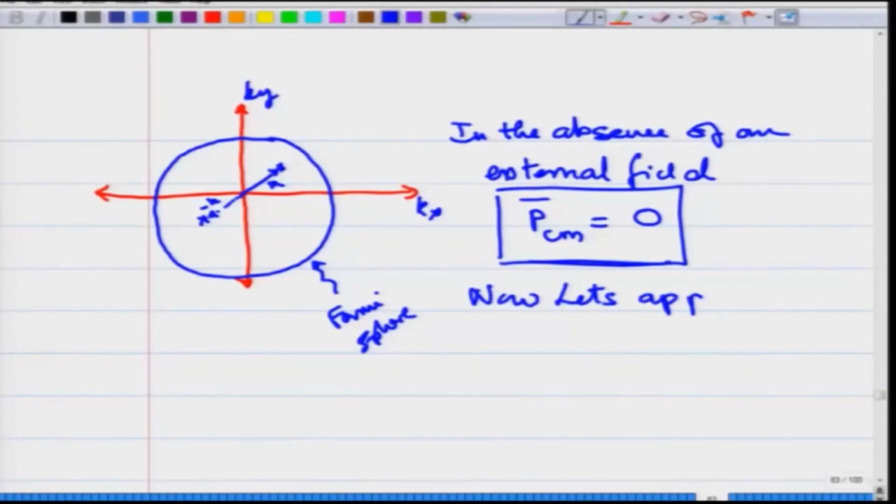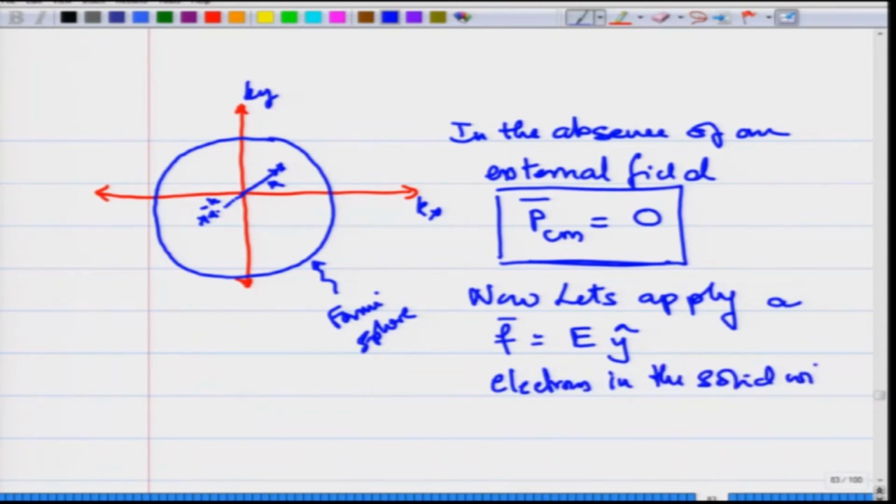Now, let us apply a force F, which is an electric field, which let us say we apply along the y direction. The moment we apply an electric field in the y direction, what will happen to the electrons? The electrons in the solid will begin drifting in the minus y direction, because they experience a force.